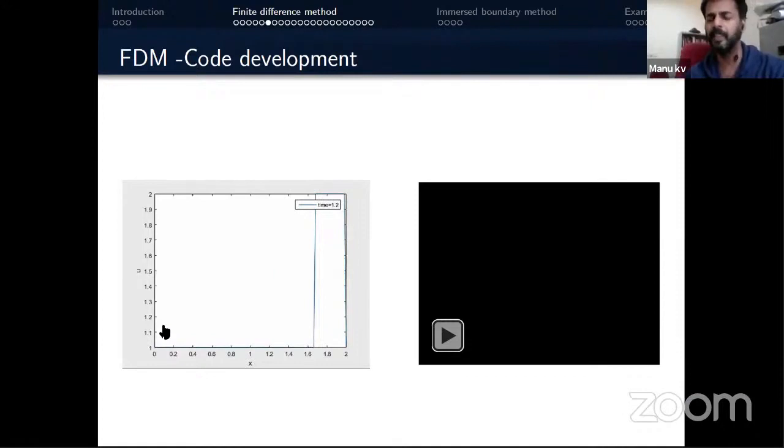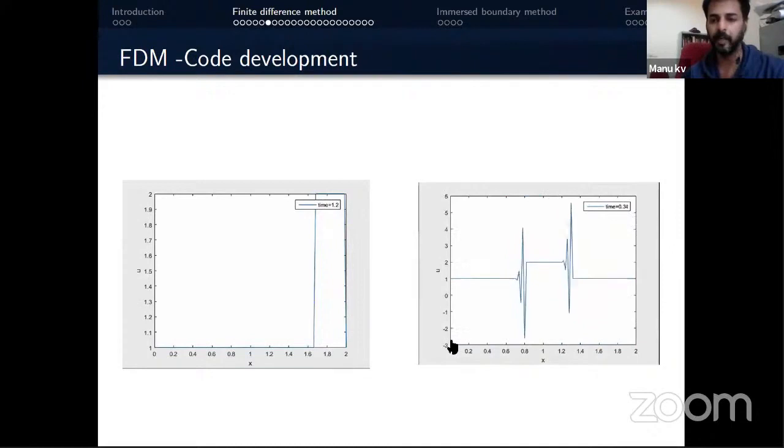For this case, I've taken a particular value of c delta t by delta x, so that I'm getting a solution. Now suppose I'm varying the value of c delta t by delta x to a limit which is higher than 1. Let's see how the solution behaves.